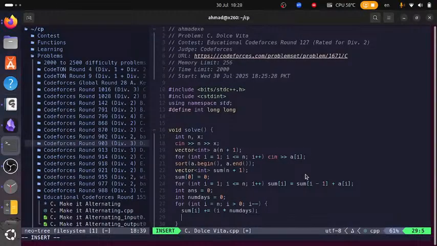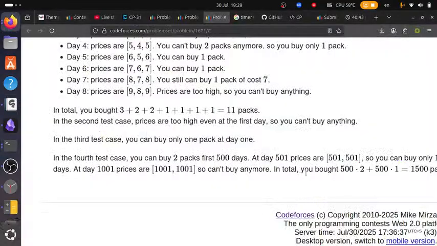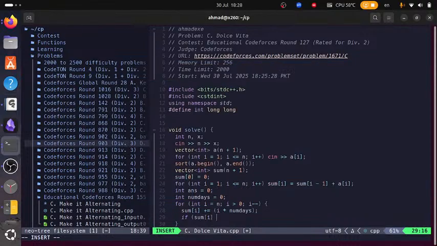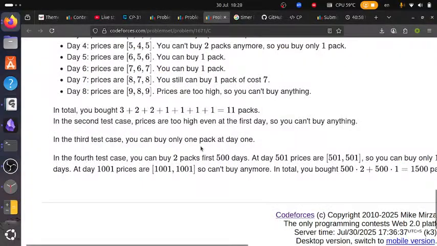So if sum of I is more than or equal to x, what do we do in that case?